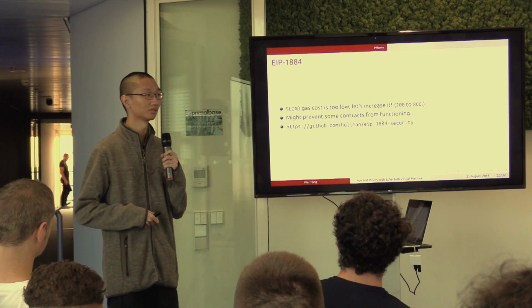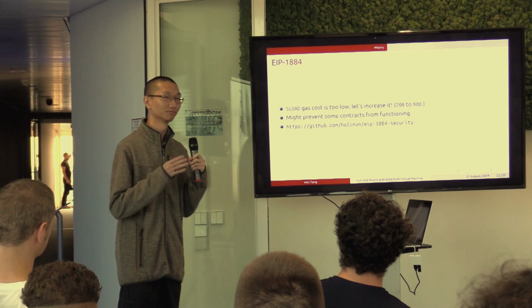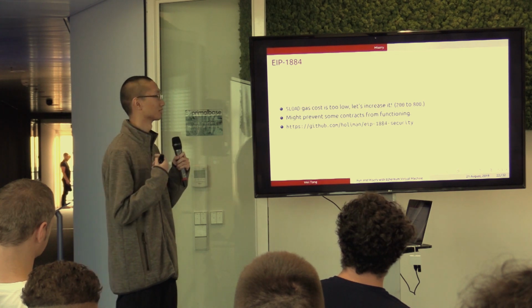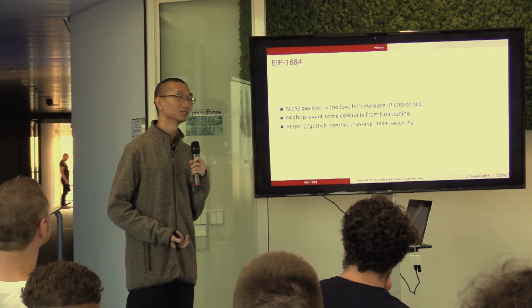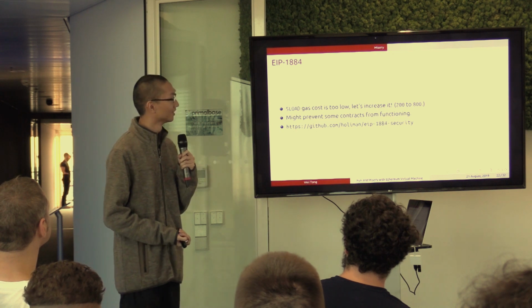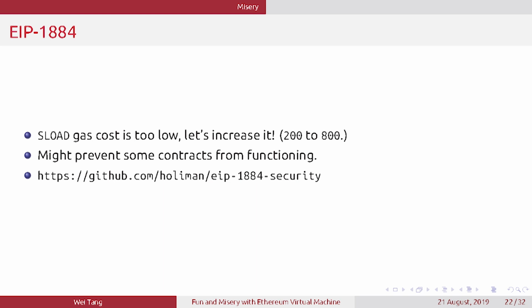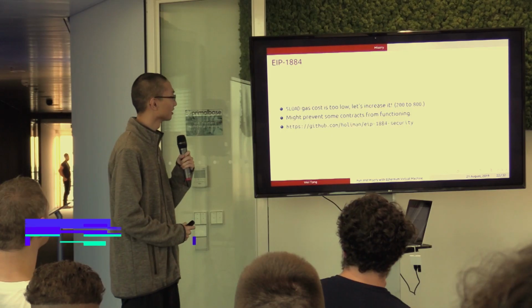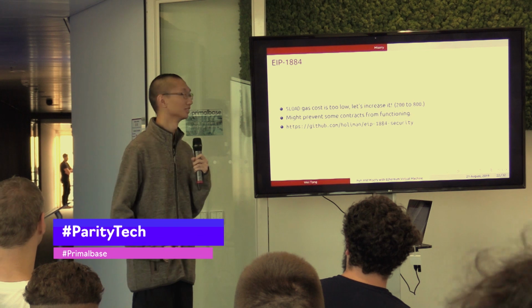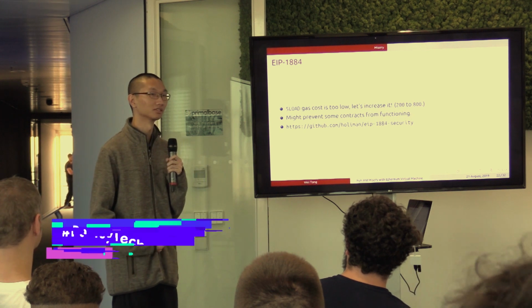But one of the objectives is that we are dealing with another opcode, SLOAD, which reads a value from the storage. The objective is really simple: the SLOAD gas cost is too low, so let's just increase it. What could go wrong? Turns out, in this case, we might prevent some contracts from functioning.